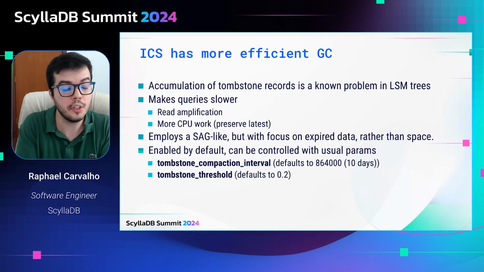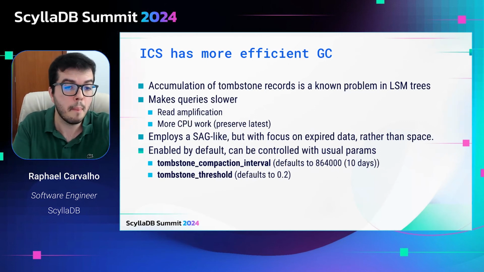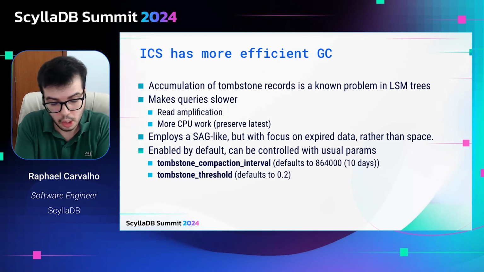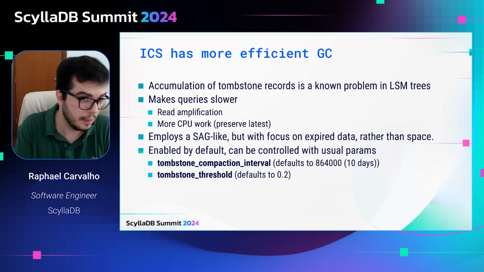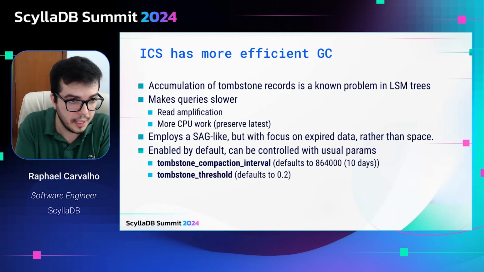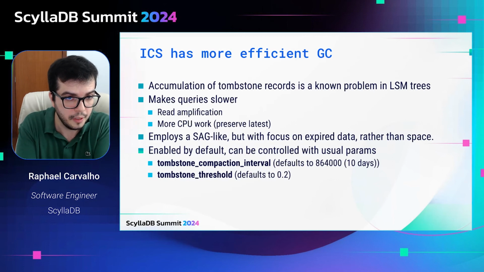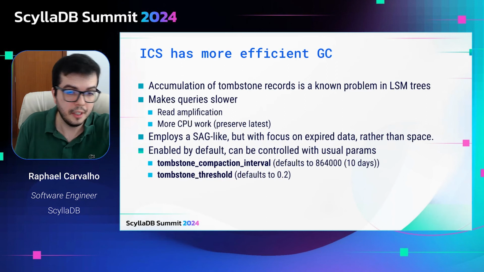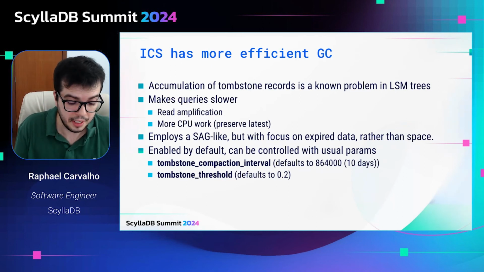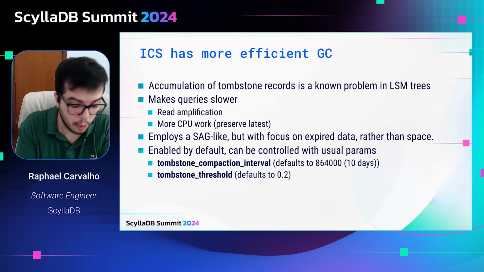Internally, we estimate the amount of tombstones that can be purged away, and then we trigger compaction, compacting the data in a timely manner to make sure that your reads are not going to suffer, which would happen if there are many accumulated tombstones. So ICS now works to get rid of those expired tombstones, those intentional deletions, as quickly as possible.